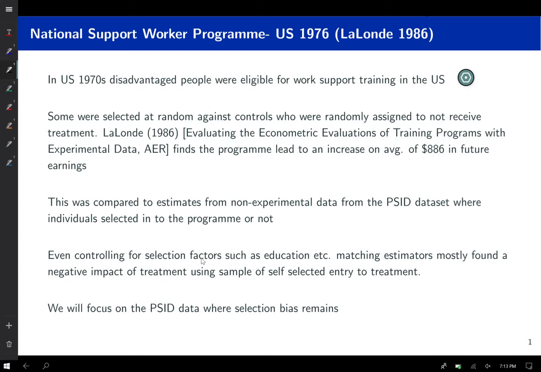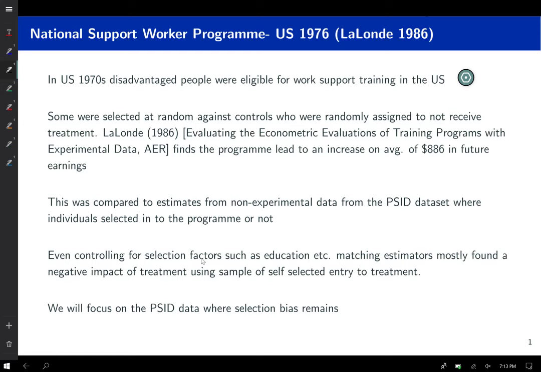There were two different settings. Most of the people that were assigned to the worker program were selected because they were the most disadvantaged people. So most people who had the program self-selected into the program.